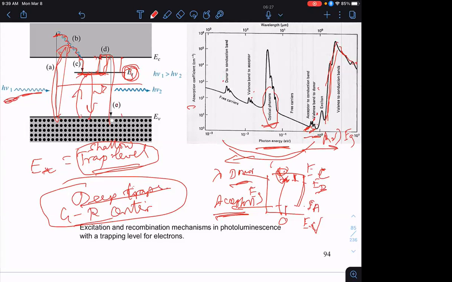So I first excite it to the trap level, and then from the trap level, using another low energy photon, go to the conduction band. So obviously, these two-step processes, each step requires a lower energy photon, and generally have more of those than the higher energy photons in the ambient. And therefore, these two-step processes are going to be easier, okay?